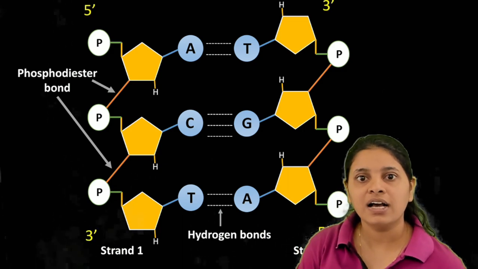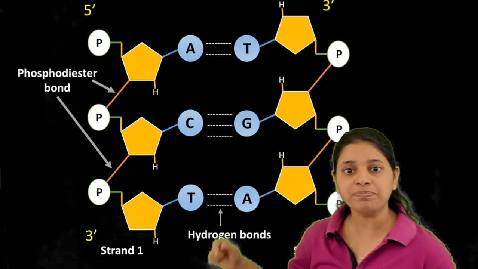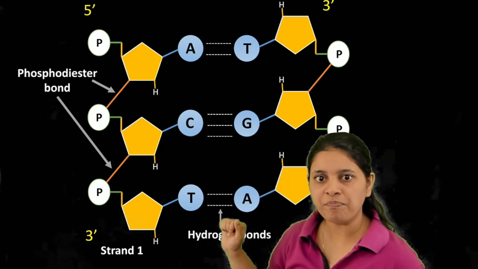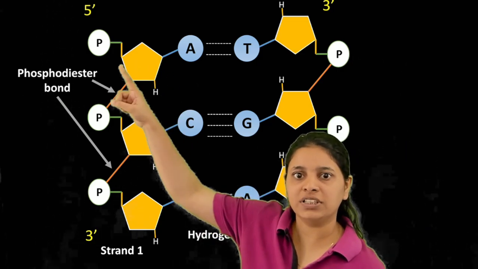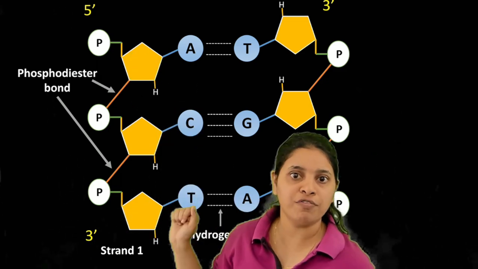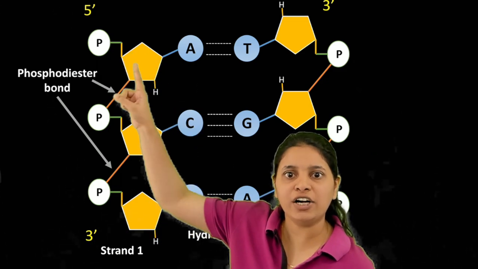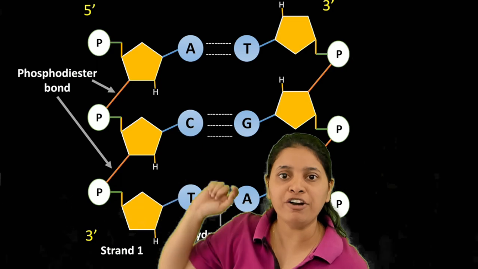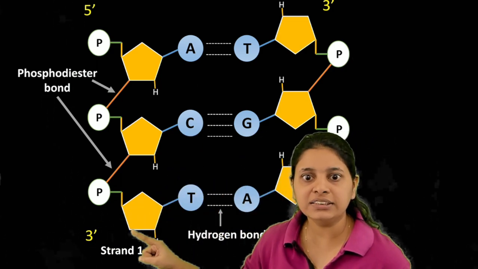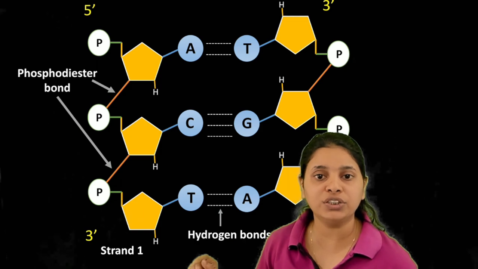Now, let's see a few more points. As you can see in this double-stranded DNA, this particular end of this first strand, here the phosphate is free, which is attached to the fifth position. So this end of the strand is called the 5' end. Now look at the opposite strand. Here this third position 3' OH is free.